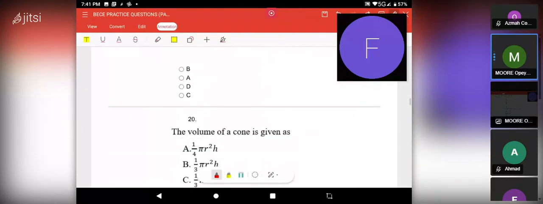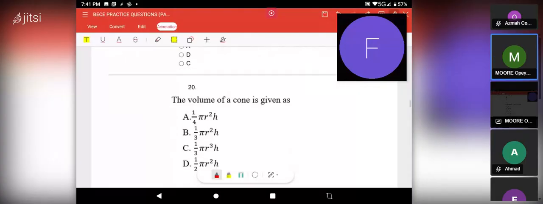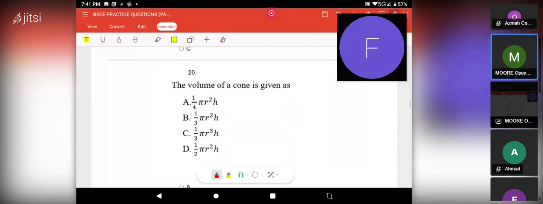The volume of a cone is given as... If you remember the volume of a cylinder, you should remember the volume of a cone. The answer is B. Okay, this is a cylinder. We can get 3 cones from a cylinder. That is the meaning. So look at it. From the center of this circle, it goes this way, it goes this way.